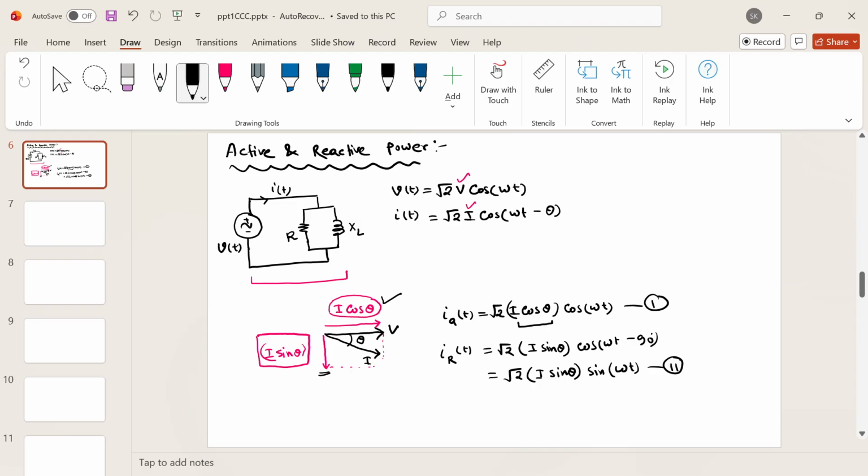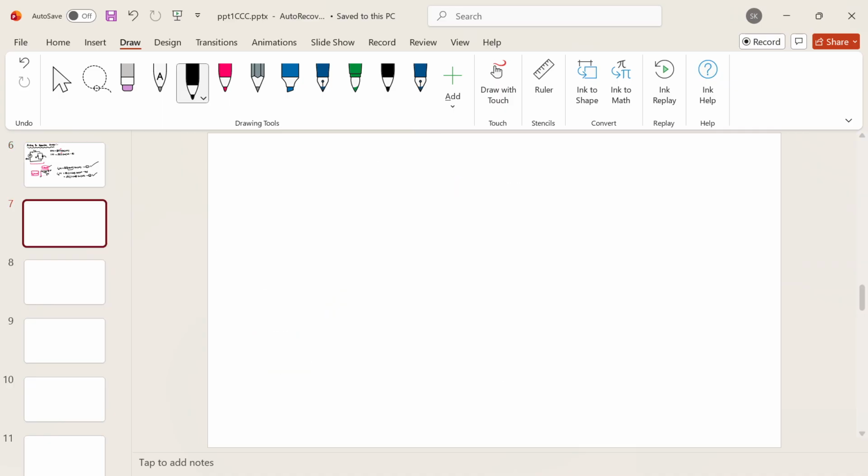Now I want to calculate the instantaneous power because of active component of current. I also want to calculate the instantaneous power because of the reactive component of the current. Okay, now let's proceed for that calculation. Now let's say I want to calculate the power because of the active component. So P of t is equal to V of t into IA of t.